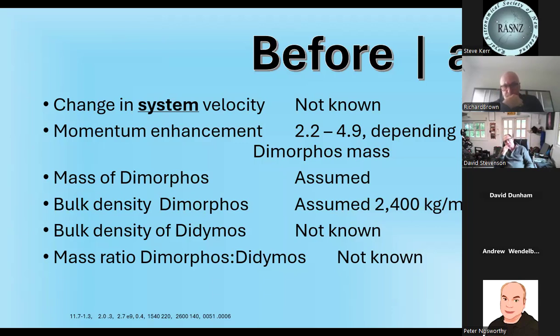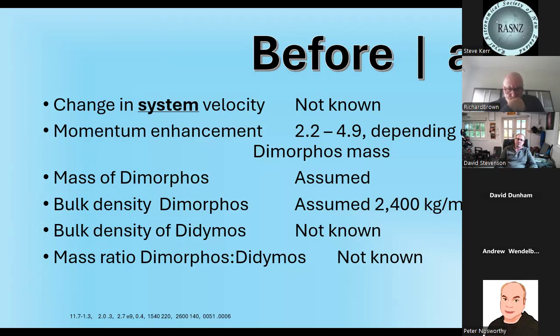I mentioned the issue of the projectile going into the asteroid and the ejecta coming out. In the initial impact analysis, they derived a value for this enhancement factor of somewhere between 2.2 and 4.9.